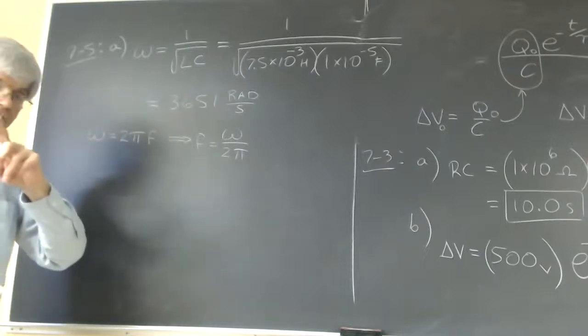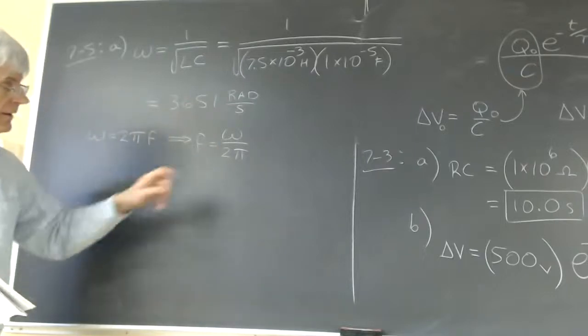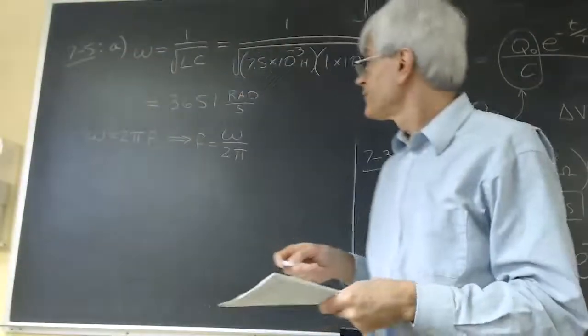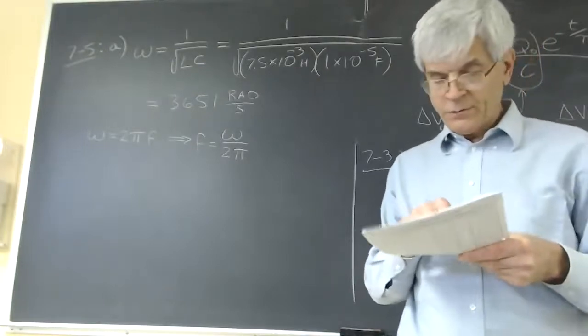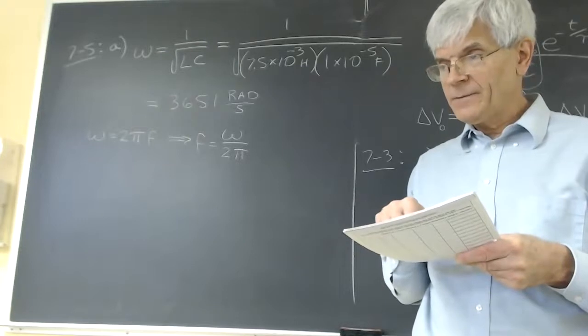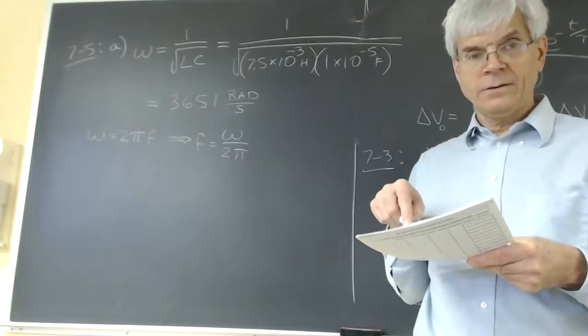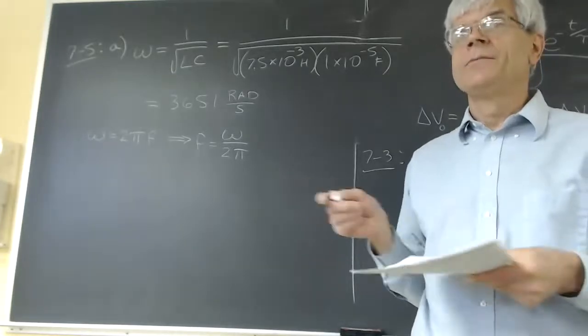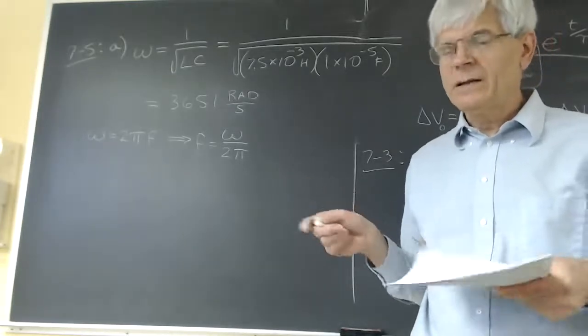People get caught by that all the time. They punch in 3651 divided by 2 times pi, and they get an answer that's roughly 10 times as big as it should be, because pi squared is roughly 10.